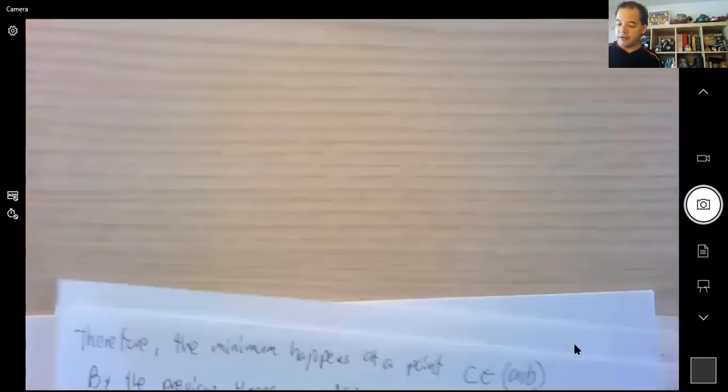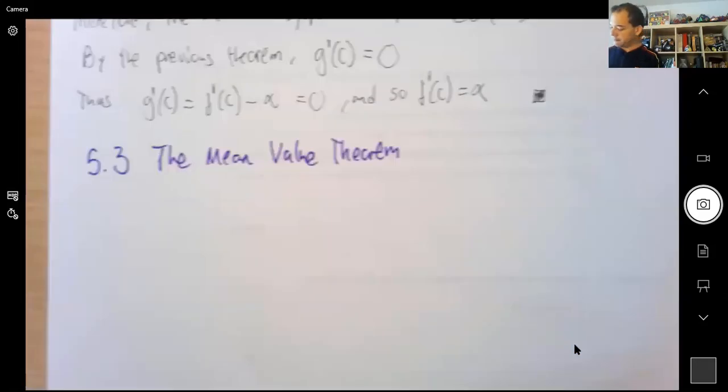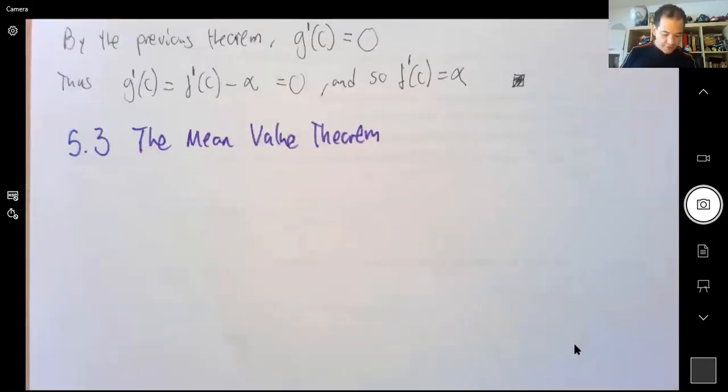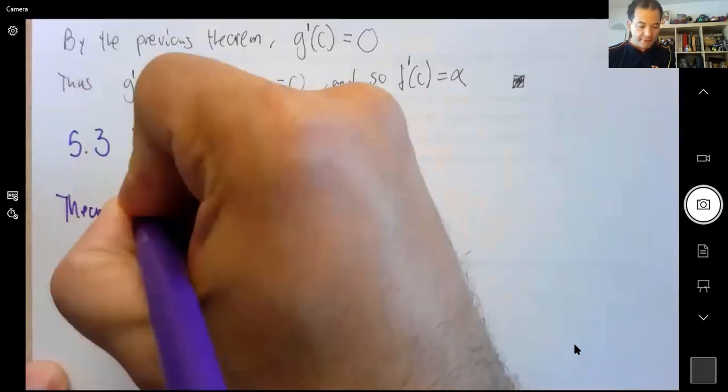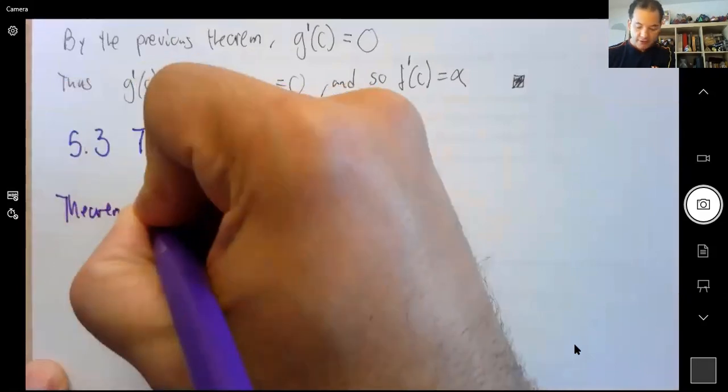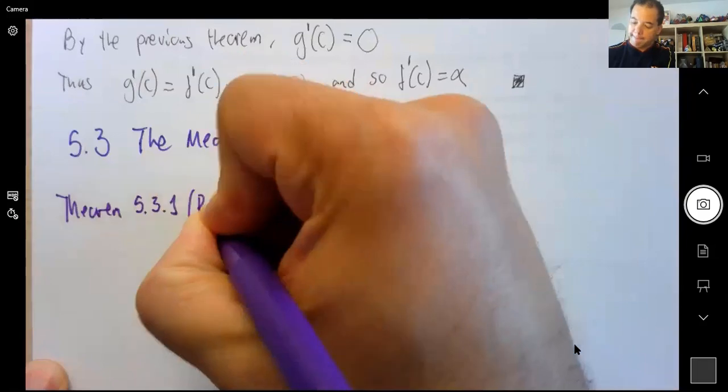So here it is. We'll start with Rolle's theorem. This is theorem 5.3.1, and it's called Rolle's theorem.